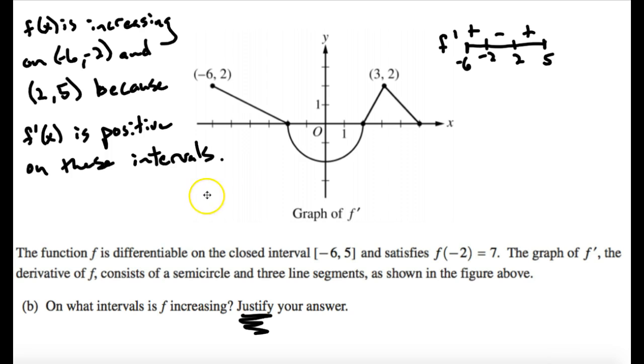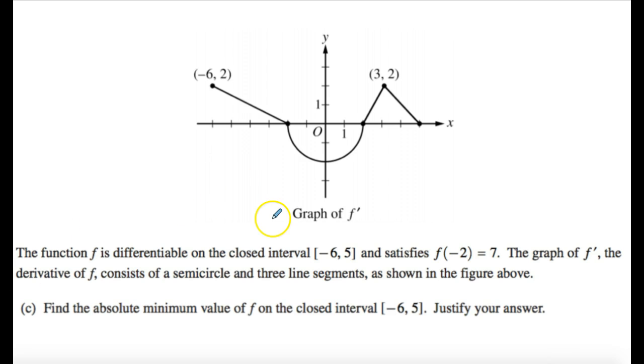All right. Now, part C says find the absolute minimum value of our function on the closed interval. So, we know that absolute mins could occur at endpoints or at critical points.